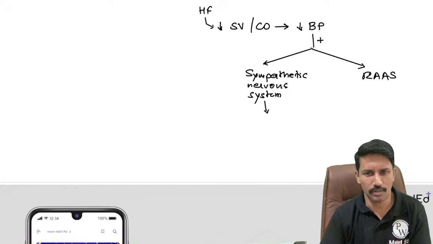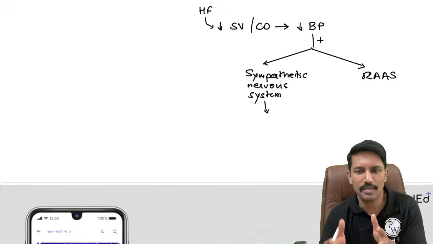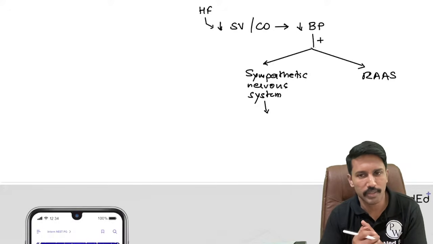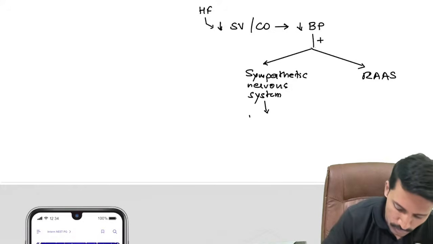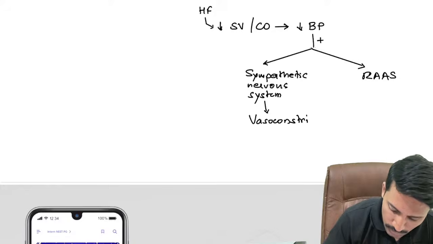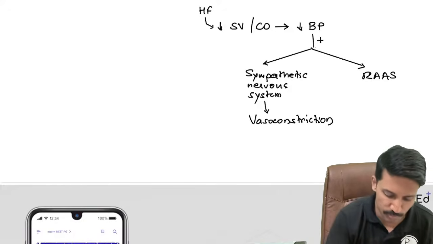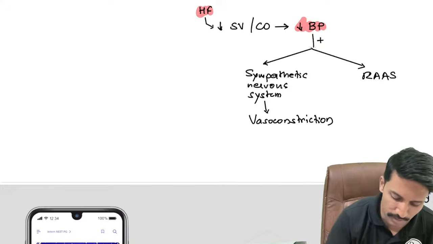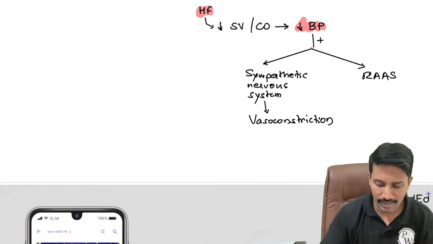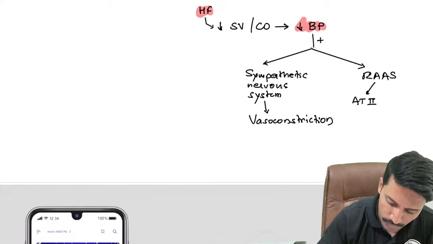Of course, adrenaline will act through its receptors, alpha receptors and beta receptors. It will cause vasoconstriction. By causing vasoconstriction, it can increase the BP. So it is a response to the decrease in BP that is happening in heart failure. What second thing? RAS. RAS will produce angiotensin 2 and aldosterone.